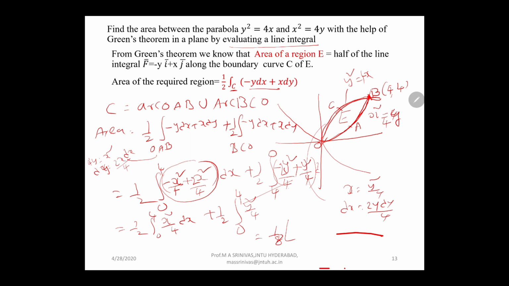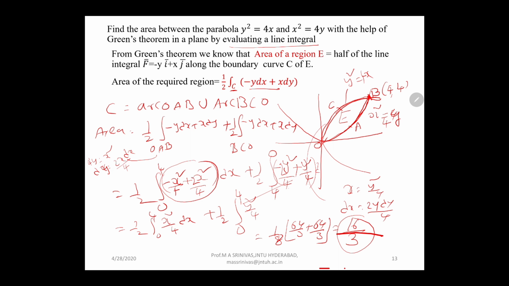X cube is 4 cube, 64 by 3, plus here also another 64 by 3, and if I simplify it, 8 goes, 2 times 64 by 3, this will be 16 by 3. So the area between the two parabolas is 16 by 3.